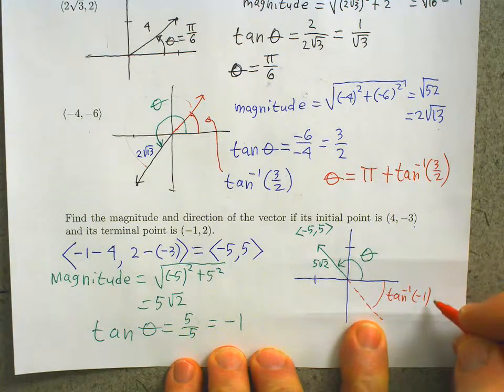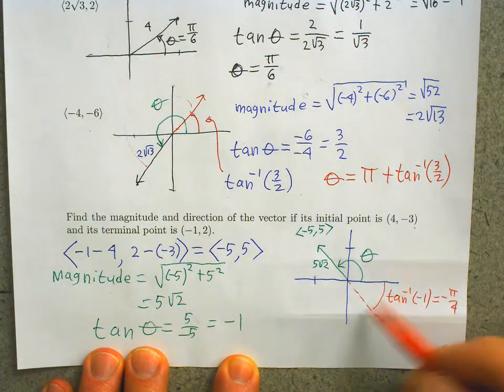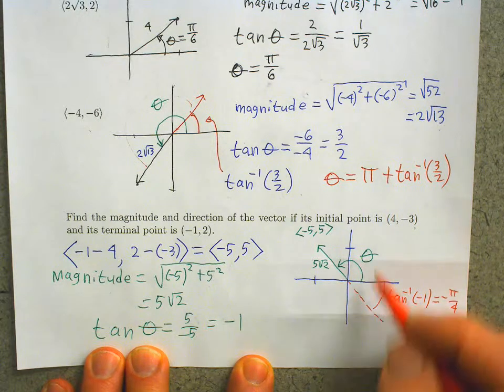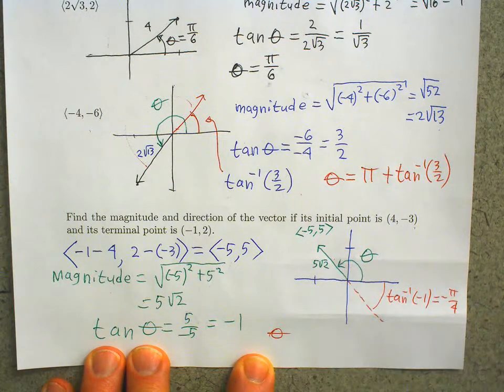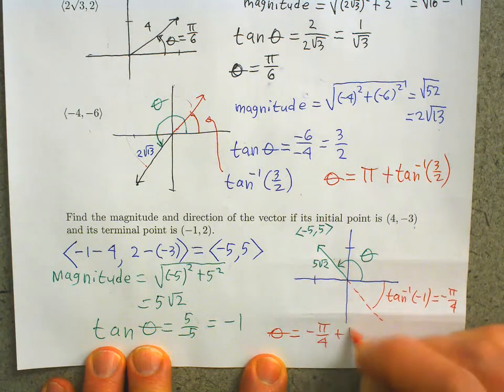That's one of our familiar quantities. This is negative pi over 4. Okay, but the theta that we want is negative pi over 4 plus pi. We also already know that theta is 3 pi over 4, but we can think of it as negative pi over 4 plus pi, which is 3 pi over 4.